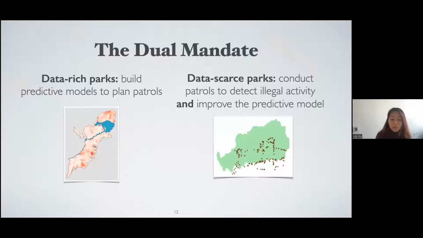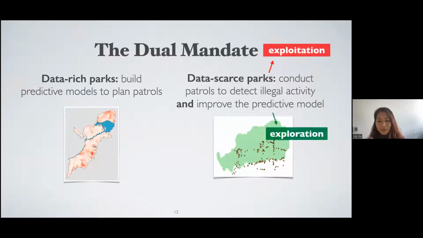Conducting patrols to detect illegal activity means that we have to exploit known hotspots, and improving the predictive model means that we have to explore areas with high uncertainty. This exploration-exploitation trade-off perfectly mirrors the key paradigm in online learning, which motivated us to use a multi-armed bandit approach.